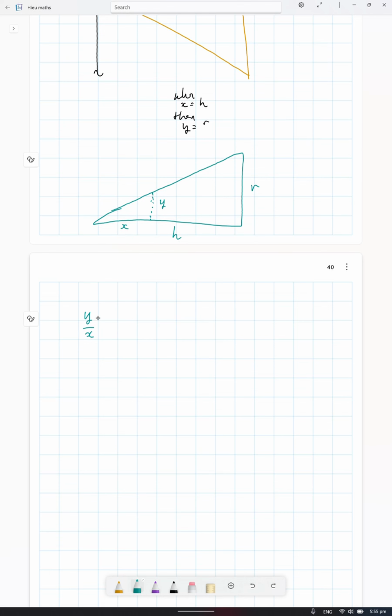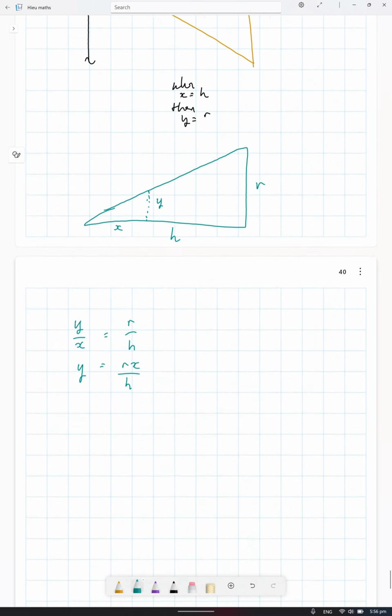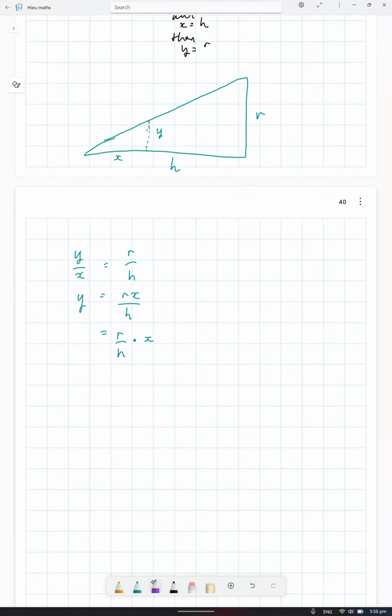So we can say that y over x is equal to r over h because they're in a similar ratio. Therefore, y is equal to rx over h. We can split this as r over h multiplied by x. You might recognize this as the form y equals mx plus c, where m is equal to r over h and c is equal to 0.